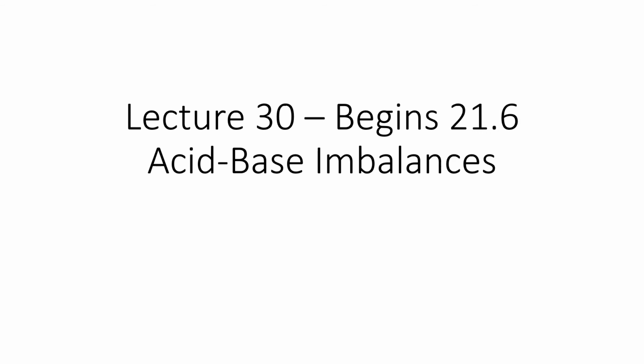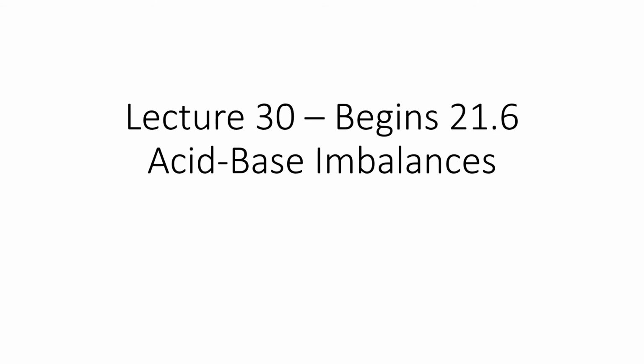If we work our way down from where it says metabolic acidosis, another way for the blood to become more acidic, another way besides accumulating acids, is to lose bases. And so excessive loss of bases can result in acidosis. What kinds of things then would cause us to lose bases?